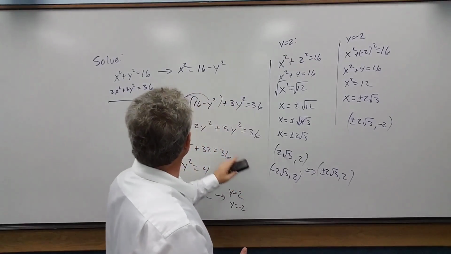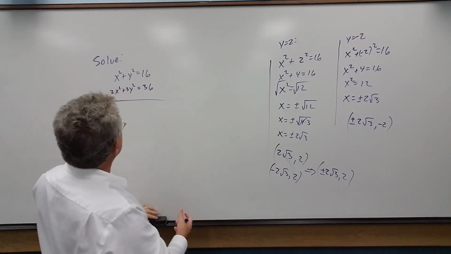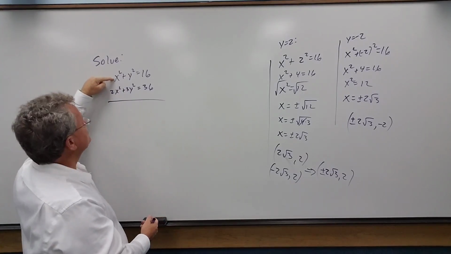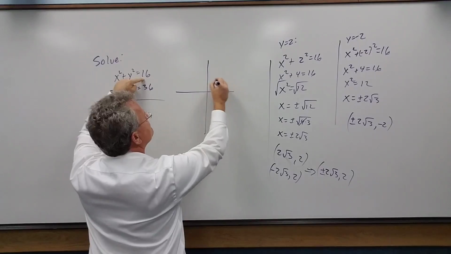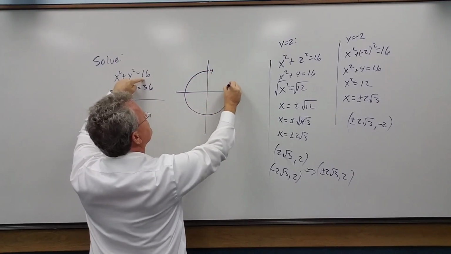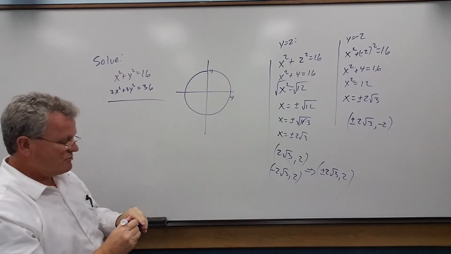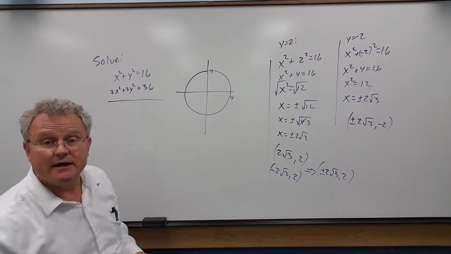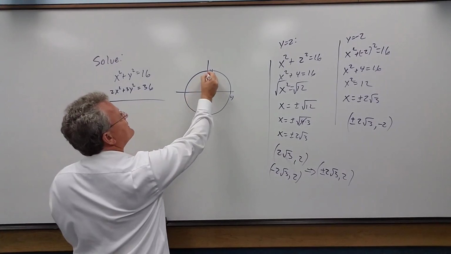How does this relate to what we did here? Well, this equation is a circle centered at the origin with a radius of 4. This is an ellipse, and if I graph that ellipse, you're going to get a graph kind of like this.